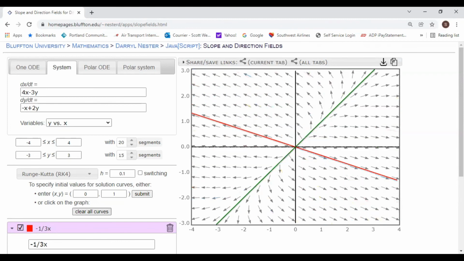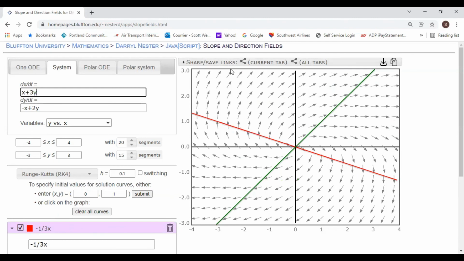Okay, we'll clear that one, and we'll put in finally example C. So for example C, what did we have? We had in the first row 1 and 3, so that means just x plus 3y. And then for the second row, we had 1 and -1, so that means just positive x minus y.